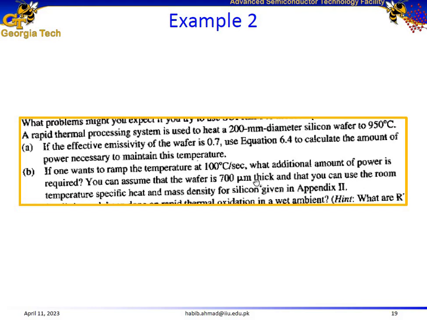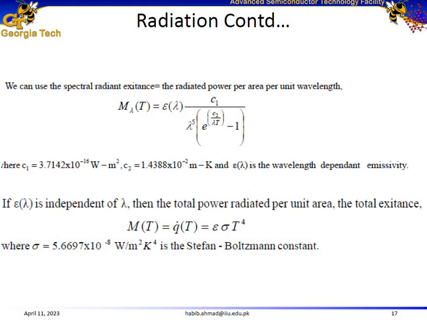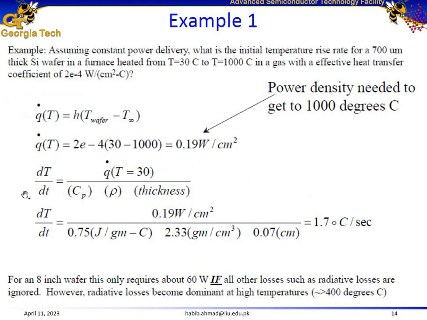And the temperature rise rate is given as 100 degrees C per second. In one of the previous slides, we already applied this formula: dT divided by dt, the derivative of temperature with respect to time, is equal to the heat flow per unit area, which we calculated in part A, divided by the specific heat coefficient, which is a material parameter we know, times the density, which is also a material parameter we know, times the thickness, which is 700 micrometers or 0.07 centimeters in that example.